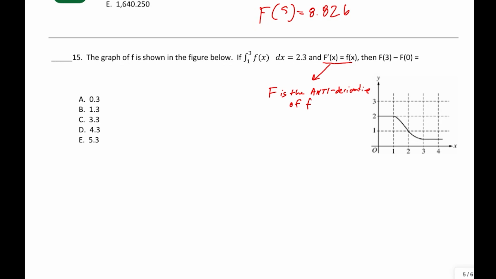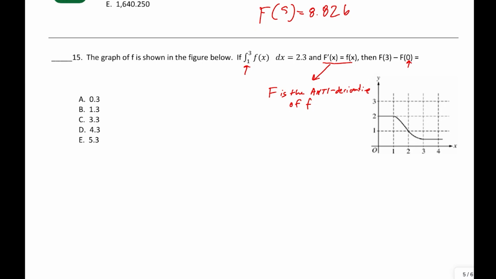Then capital F of 3 minus capital F of 0 equals what? So it looks like we want to at least be thinking about the fundamental theorem again and setting up an equation. But you might notice there's a little bit of an issue here because the lower bound on this integral is 1. But this is looking for F of 3 minus F of 0. So let's take a look at that graph and see.